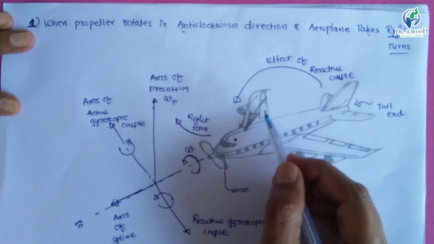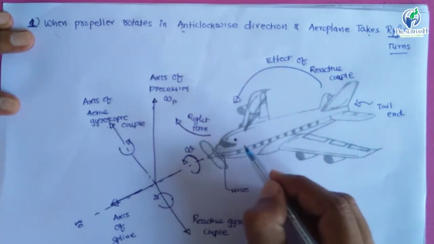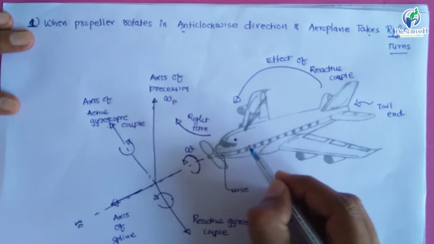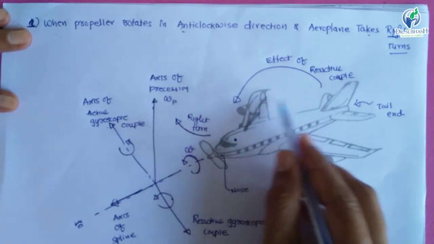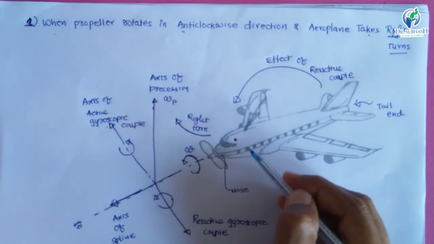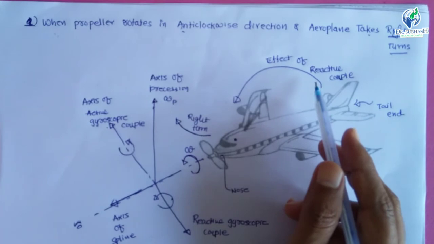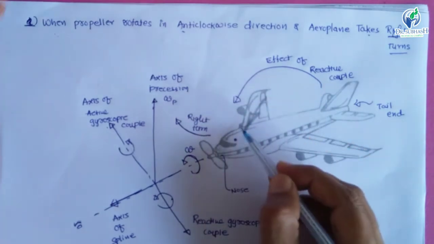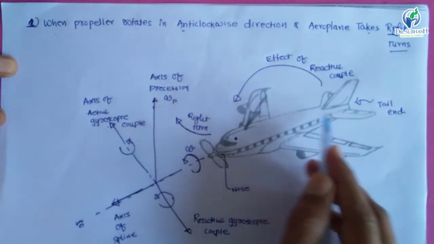Now if we see that, then this reactive gyroscopic couple will raise the tail and dip the nose. So the effect of gyroscopic couple will dip the nose, okay, and raise the tail.